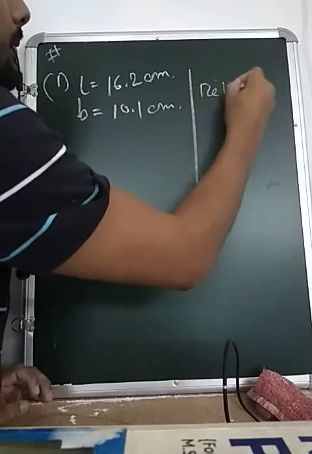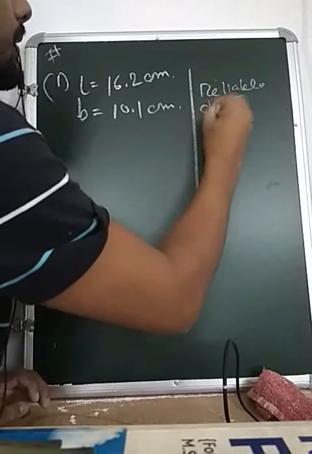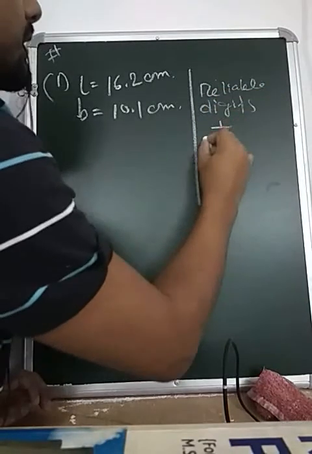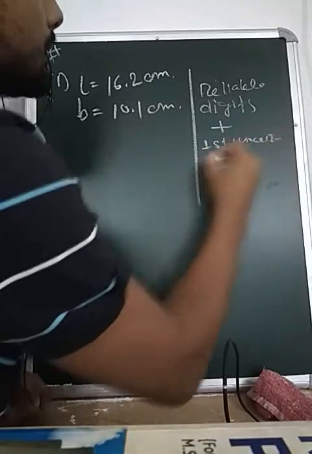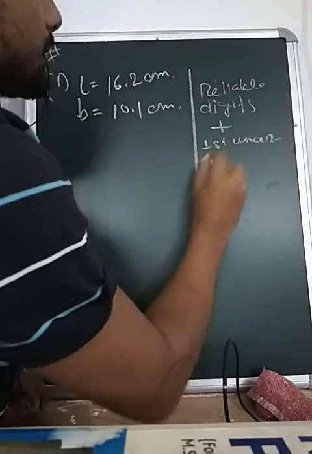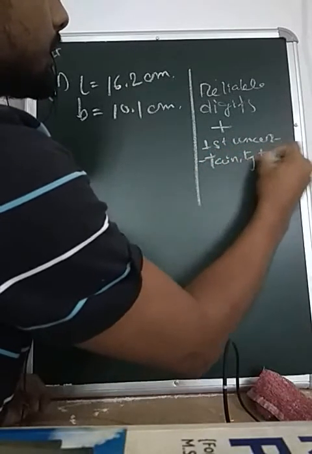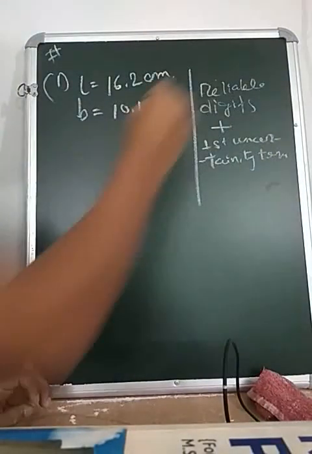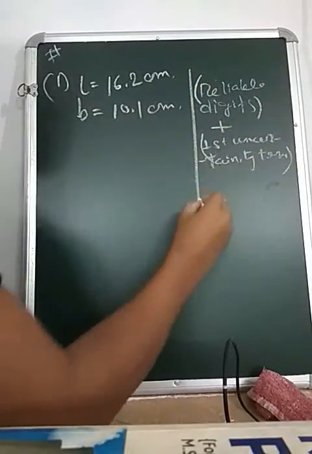Reliable digits plus the first uncertain term. So how do we represent significant figures? The reliable digits plus the first uncertain term.